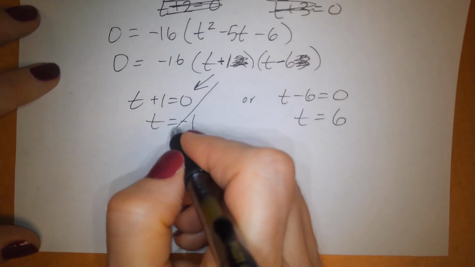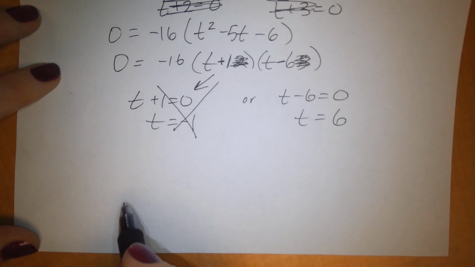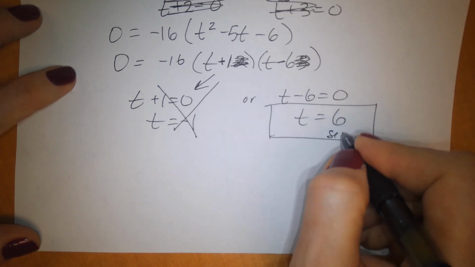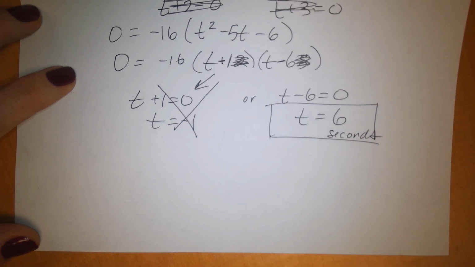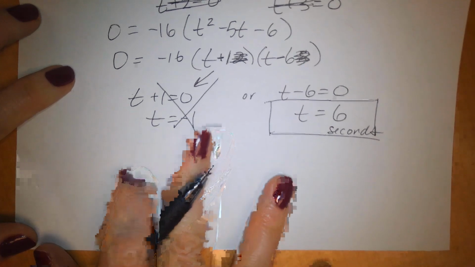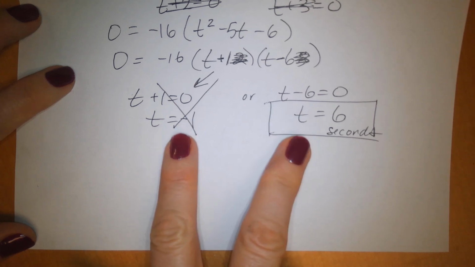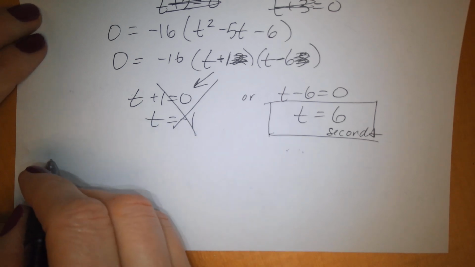So in this case, this is not an answer because it doesn't make any sense. T has to be positive. This is the only possible answer that will make sense in the context of this application. So sometimes with word problems, you have to check to make sure both of these will work in the problem. Time cannot be negative, distance cannot be negative.